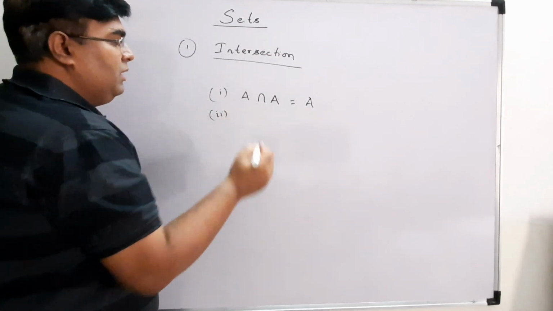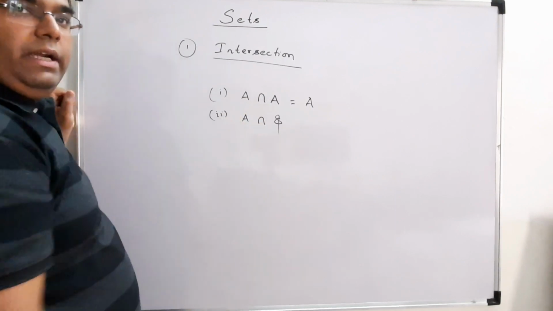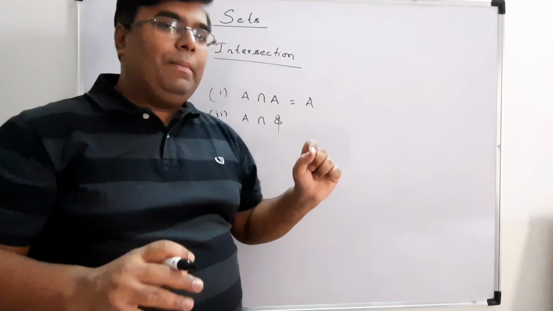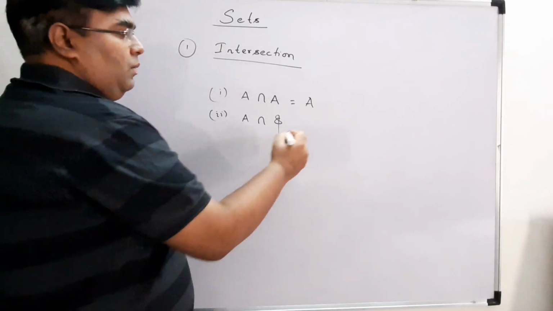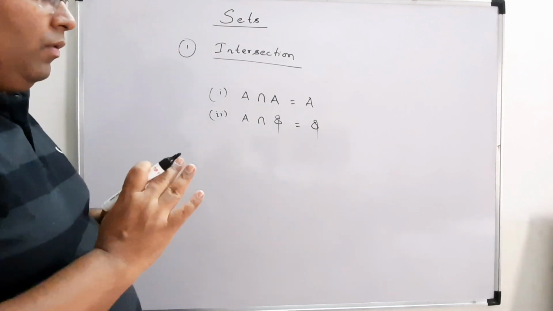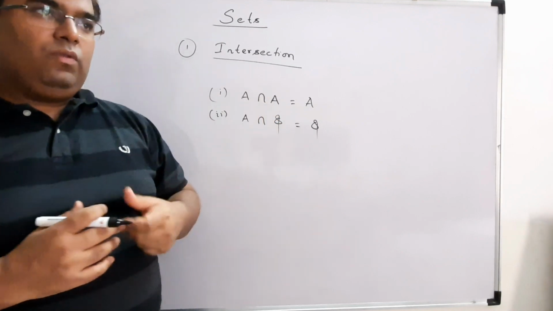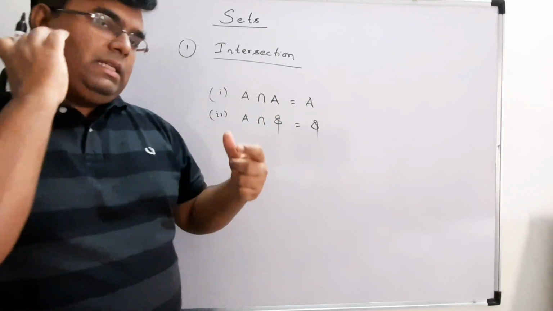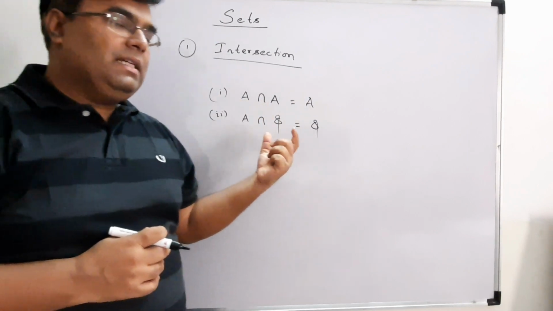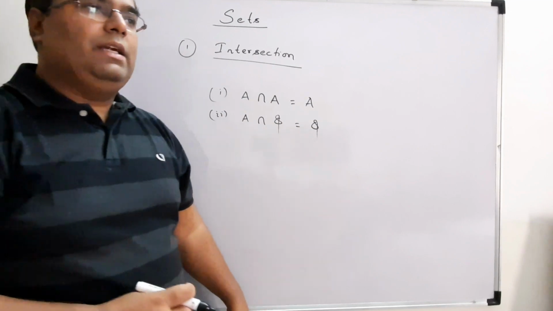Second, A intersection null set. Null set means no element is there in that set. Then what is the intersection? Nothing, empty. So if we find the intersection of any set with itself, the same set will come. If I find the intersection with the empty set or null set, then we will get a null set only.